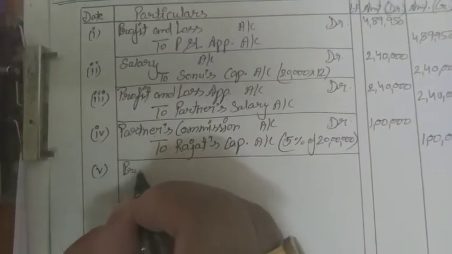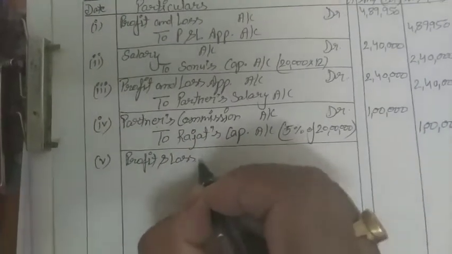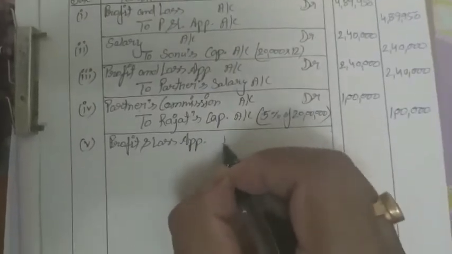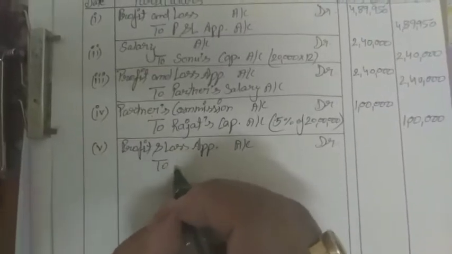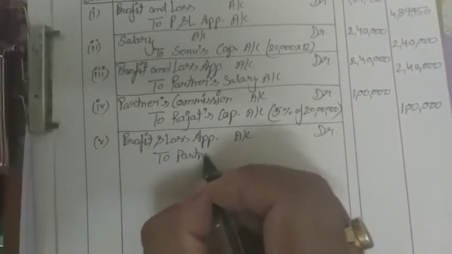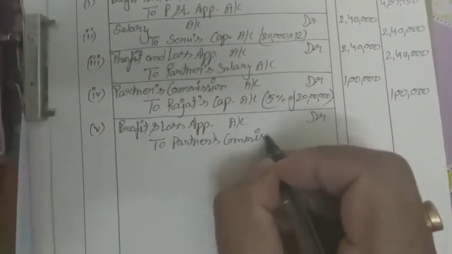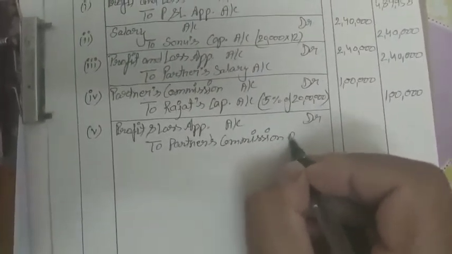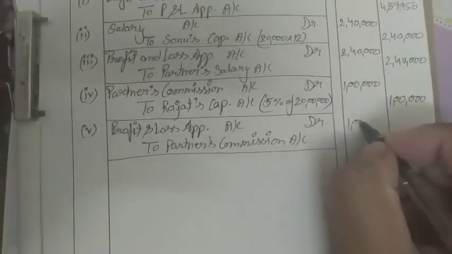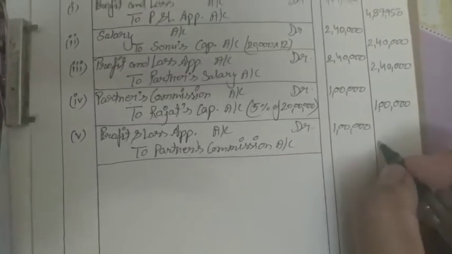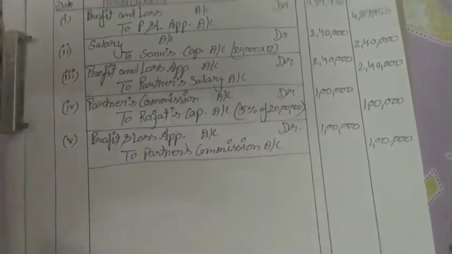So here profit and loss appropriations account debit to partner's commission account, ₹1,00,000. Okay.